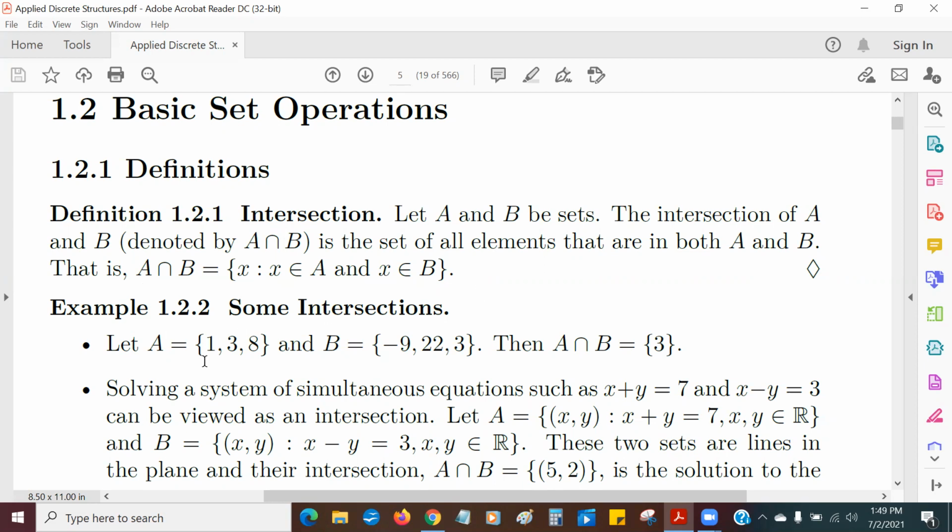For example, if A is the set {1, 3, 8} and B is the set {-9, 22, 3}, then A intersect B is the set containing the element 3.